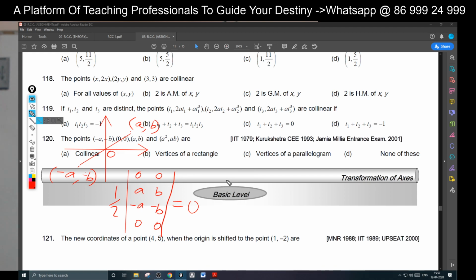Or otherwise, conceptually or methodically, if you want to understand, I'll show you that. (0, 0), (a, b), (a², ab) must also be collinear if the answer is collinear.